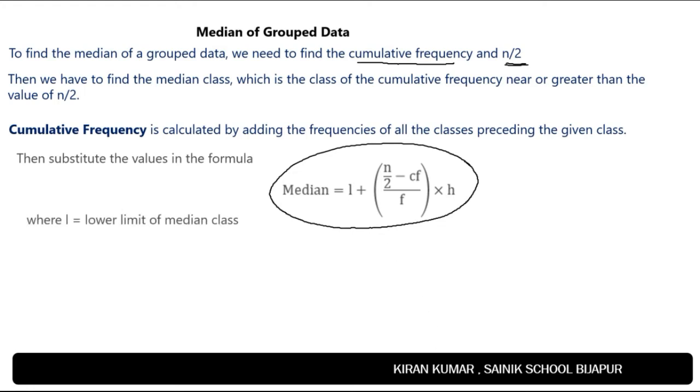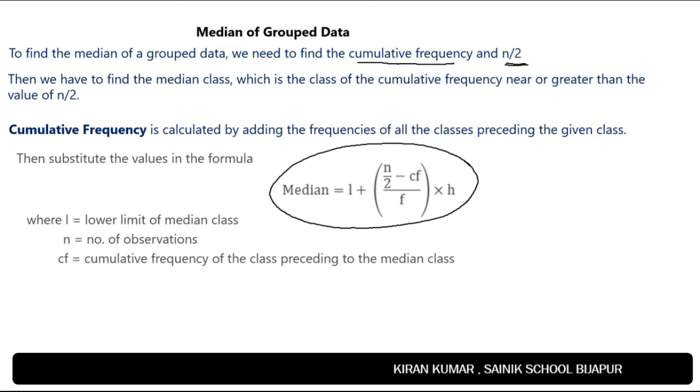Here L is the lower limit of the median class, n is the number of observations, Cf is the cumulative frequency of the class preceding the median class. F is the frequency of the median class, H is the size of the class.